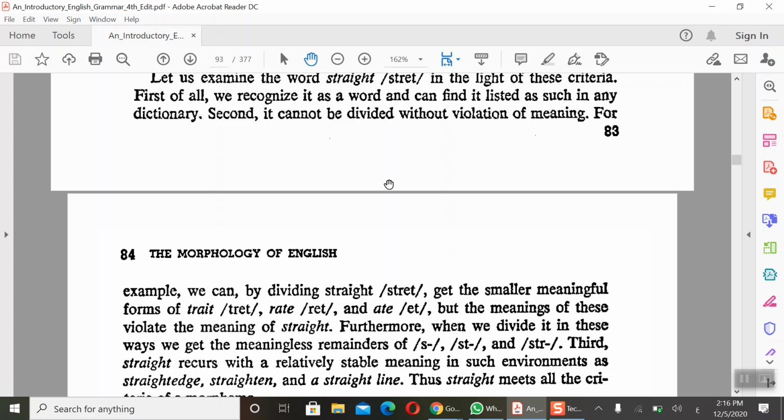In other words, to make it clearer, if we divide the word or morpheme, it will lose its meaning. If we divide the word, it will lose its meaning. Okay, I hope this idea is clear.